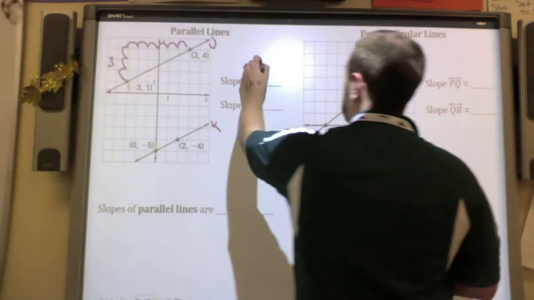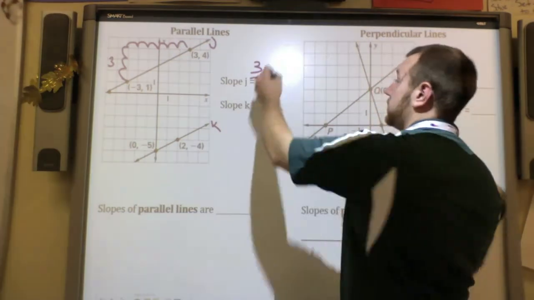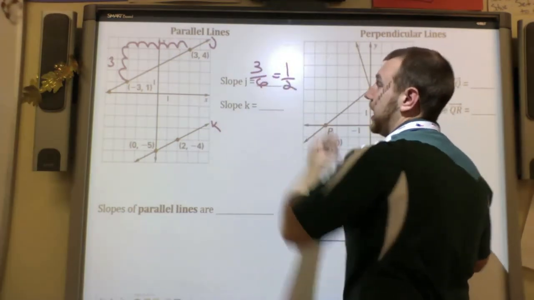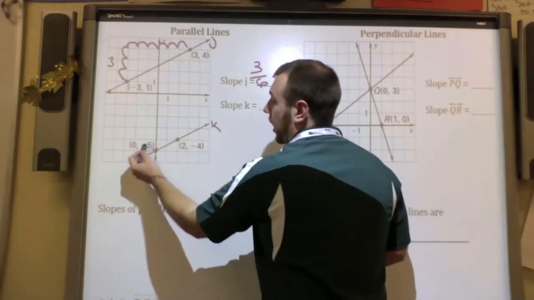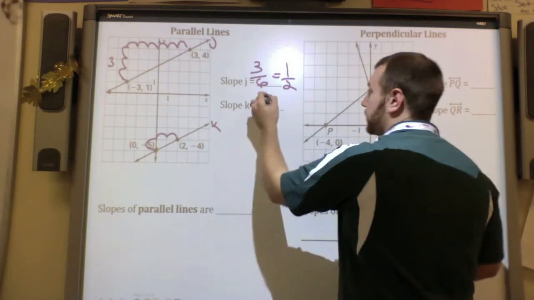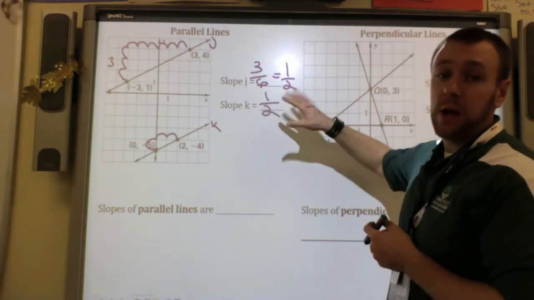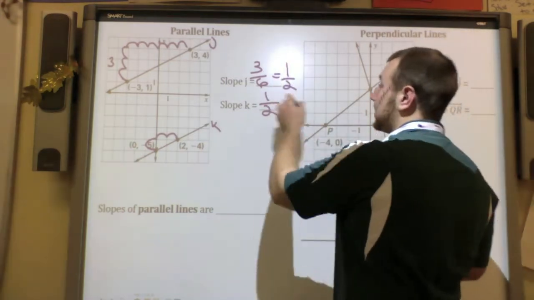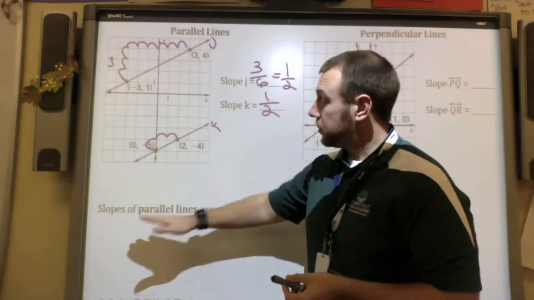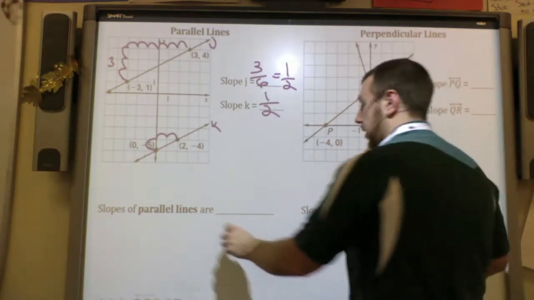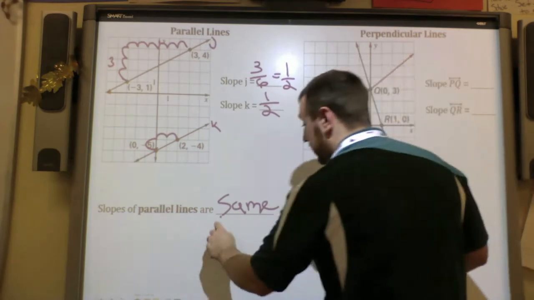So my slope is 3 over 6, or when I reduce it down, 1/2. This one, the slope of K, is up 1 over 2. So you see how when I reduce these down, these slopes are the same. So slopes of parallel lines are the same. Means they're equal.